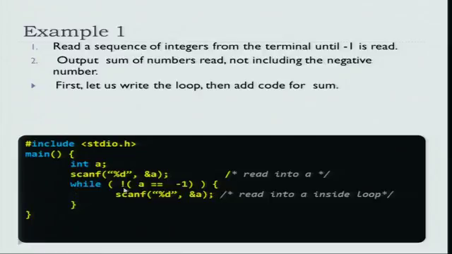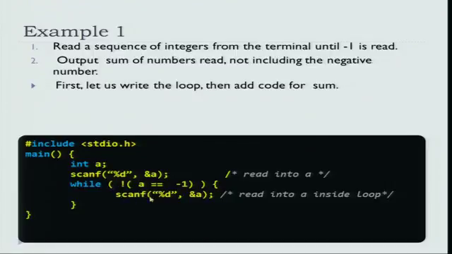So, if the number is not -1, so if a equal to -1 is false, then you read one more number. After you read one more number, you do not finish the loop, you go back and test whether the loop condition is still true. So, you go back and check whether the second number you read was -1 or not. And then you keep on reading until you hit a -1.